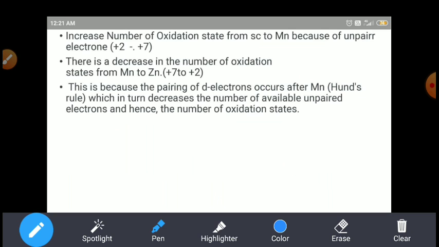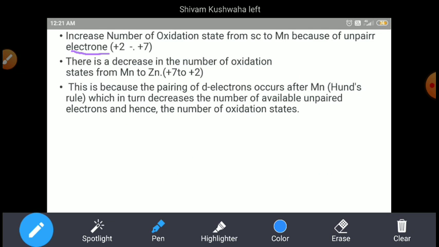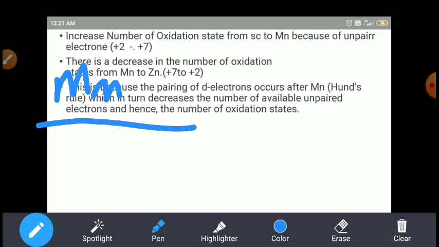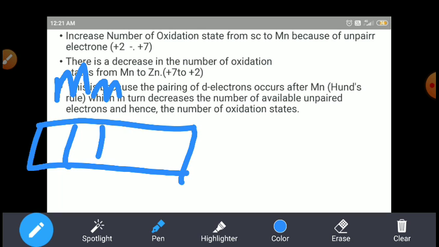And when you move from manganese to zinc, the oxidation states decrease again.